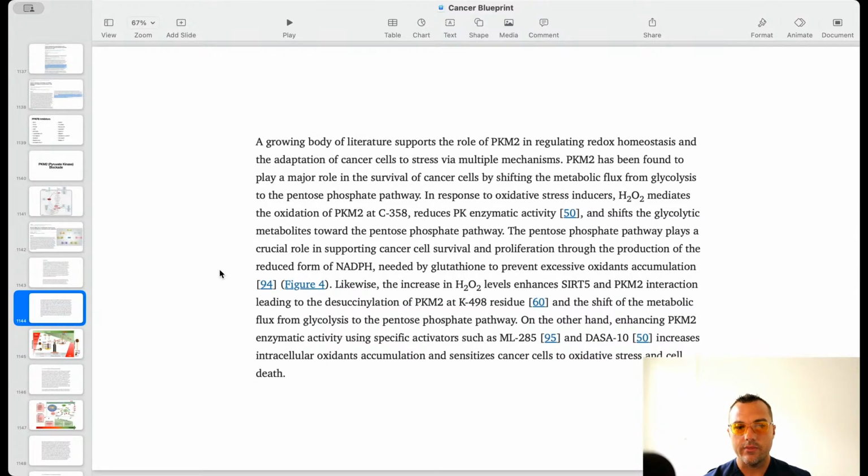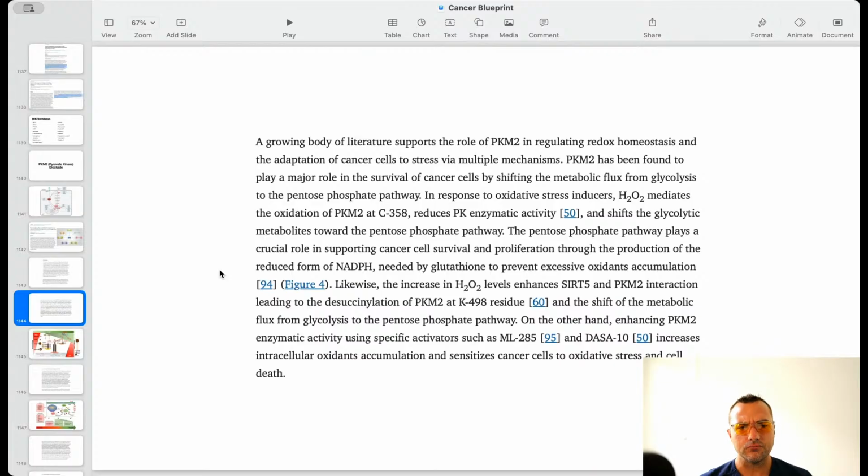Likewise, the increase in H2O2, or hydrogen peroxide, levels enhance SIRT1, SIRT5, and PKM2 interaction, leading to a desuccinylation of PKM2 and the shift of the metabolic flux from glycolysis to the pentose phosphate pathway. On the other hand, enhancing PKM2 enzymatic activity using various activators such as ML285 and DASA10 increases intracellular oxidant accumulation and sensitizes cancer cells to oxidative stress and cell death.